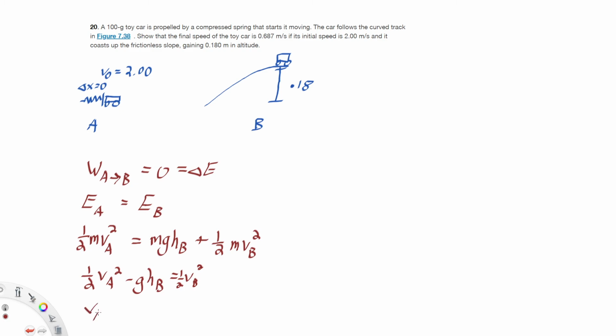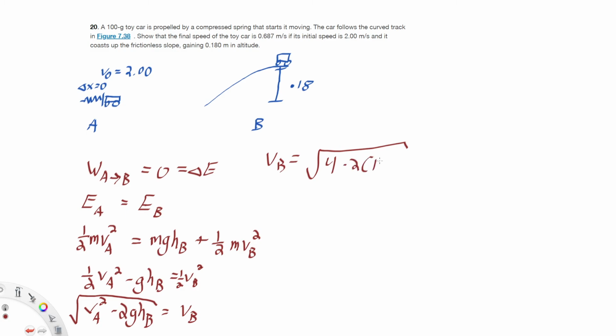So multiply everything by 2. And if we want just v_B instead of v_B squared, we can take the square root of everything. So we get the square root of, initial speed was 2, so the square of that is 4, and then minus 2 times g times the change in height.